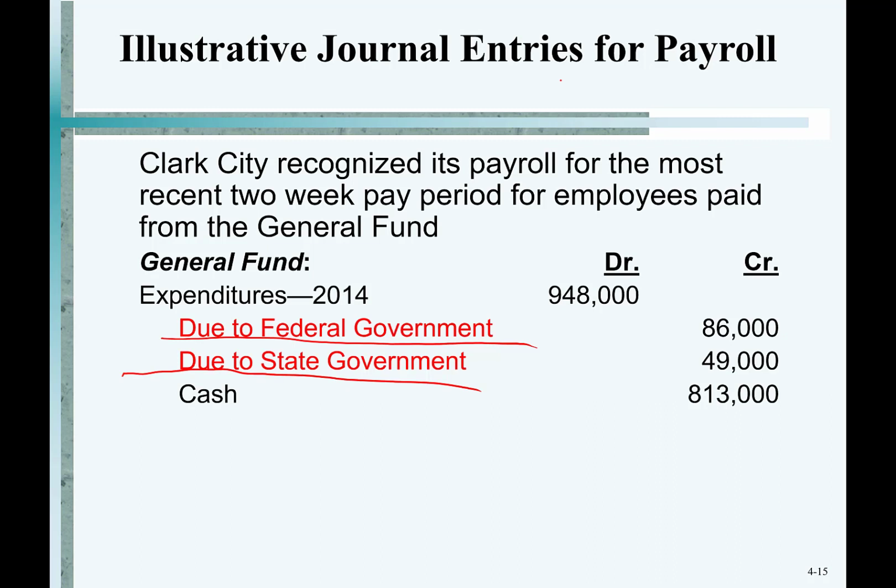It is not accounts payable, it is not taxes payable, it is due to. Here, this city is owing money to the federal and the state government. It's called due to. And then, of course, they credit cash for the difference. That's the money that's going to the employees, right? And they're going to send that other money to the federal and the state government. That's why that's in red and underlined.